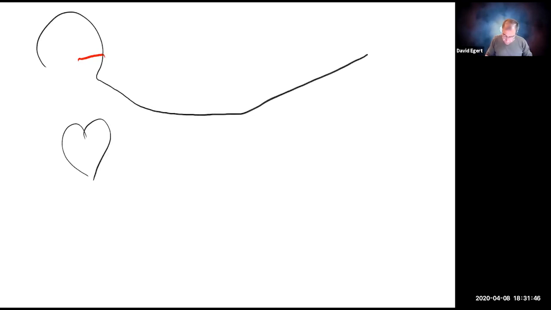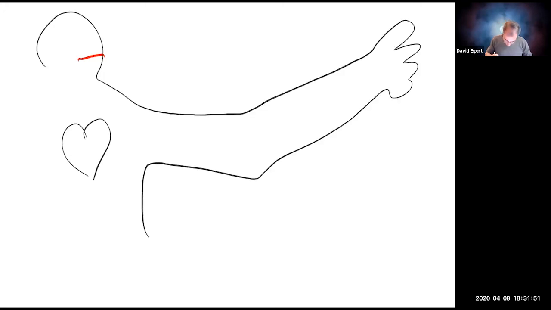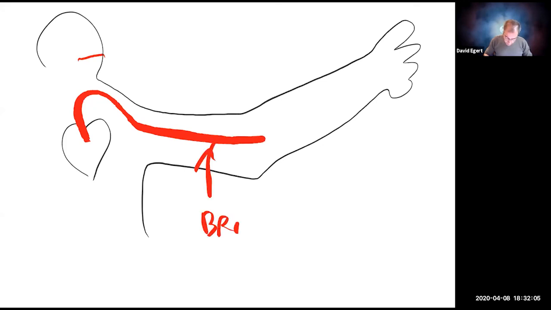So if you look at your arm, here's your heart, here's your arm, here's your hand. Blood comes out of your heart, goes down the brachial artery, which hopefully you all felt.